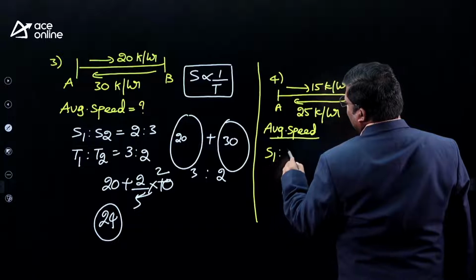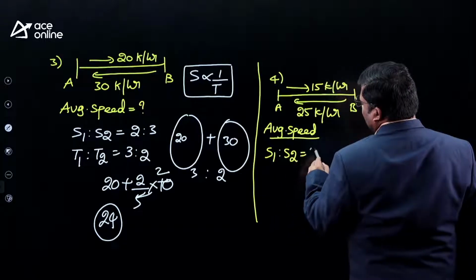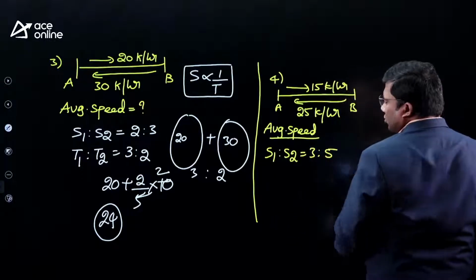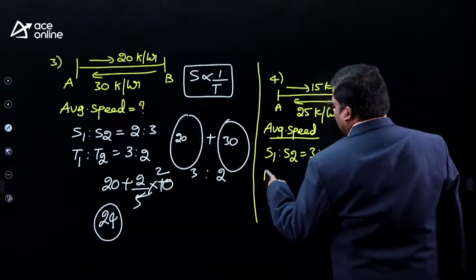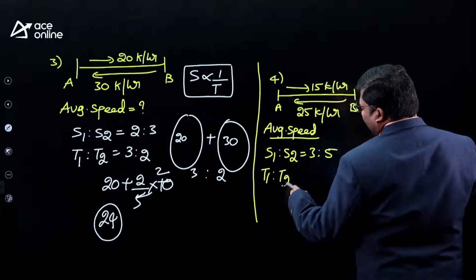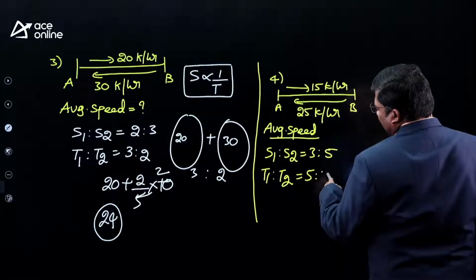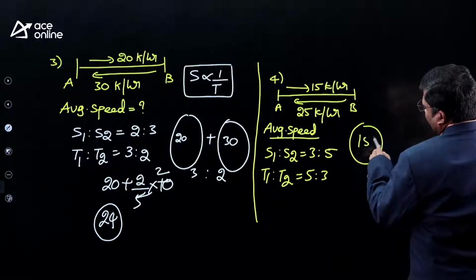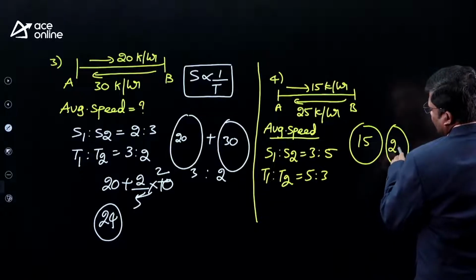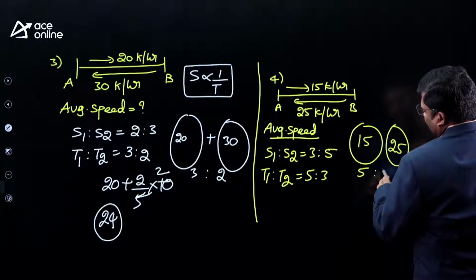What is the speed ratio? 15:25, which is 3:5. Speed ratio is 3:5. Time period ratio will be 5:3. While going 15, while coming 25, time period ratio is 5:3.